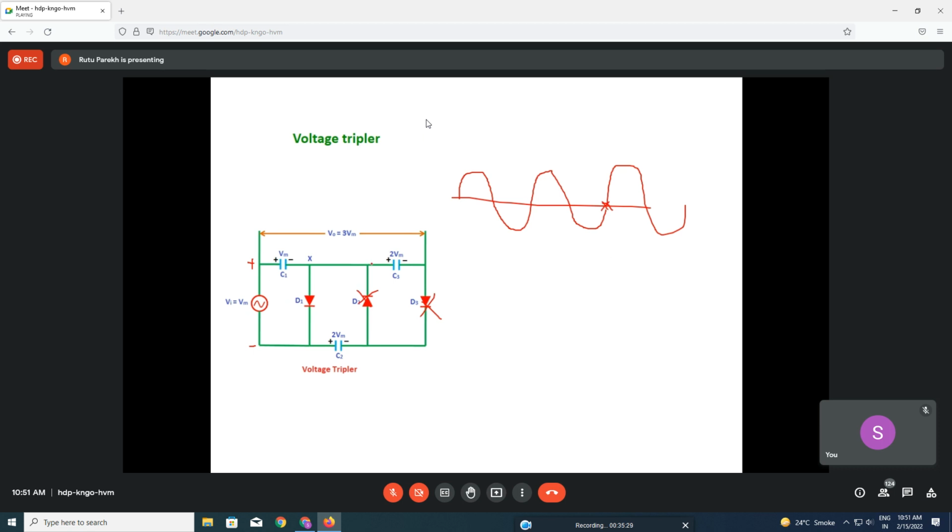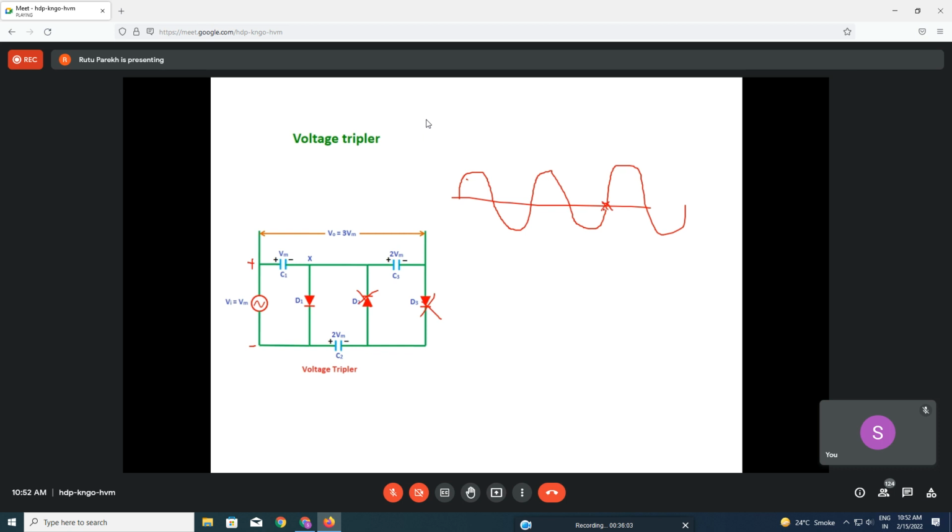What will be at C1, C2, and C3? See, when it is starting, it is this C1. Then in the negative half, you will have this. Then again in the positive half, you will have this voltage and this voltage. Then in the negative half, this will charge, and this voltage will appear. It will remain as it is.